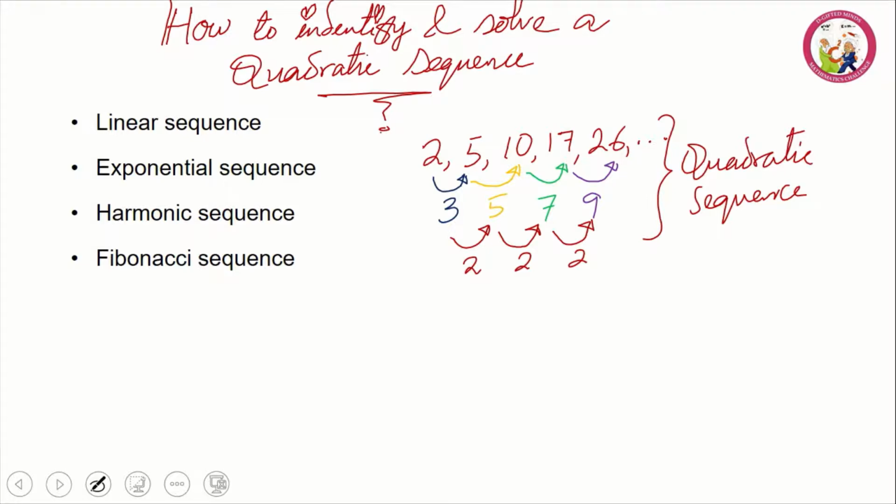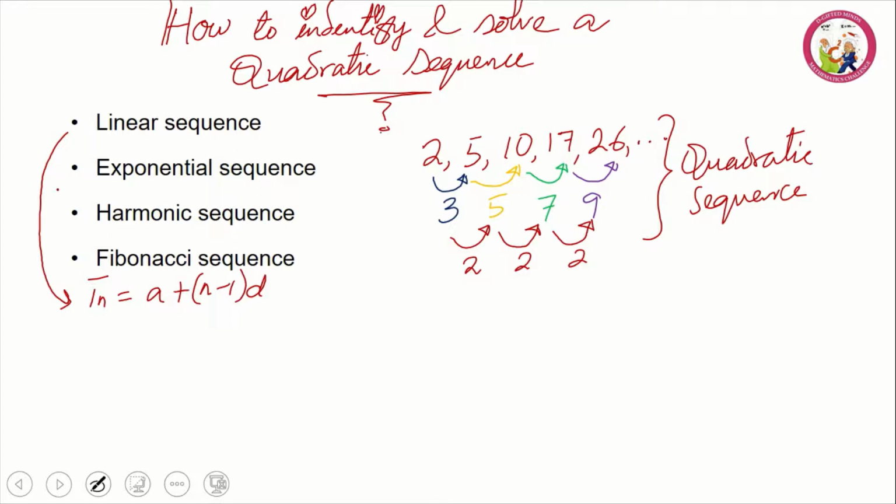Now, when you are given such a sequence, how do you solve for the nth term? Just like we know that for linear sequences or arithmetic progression, there is a formula for the nth term, which is Tn equal to a plus n minus 1 d. Right, this is for arithmetic progression.